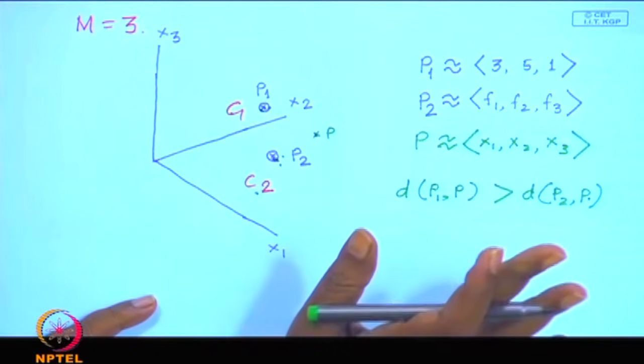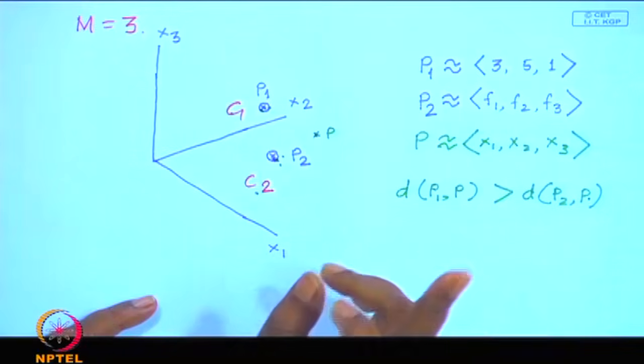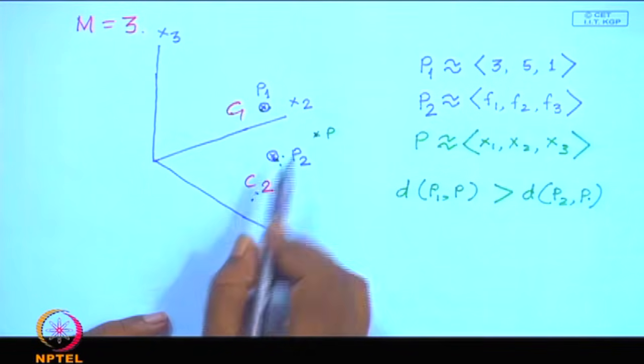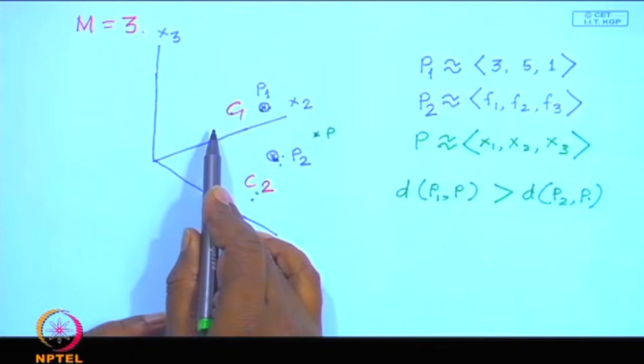So, my simple classification rule can be that I will classify or I will recognize this unknown pattern to be a pattern belonging to class C 2. It will not be a pattern belonging to class C 1.